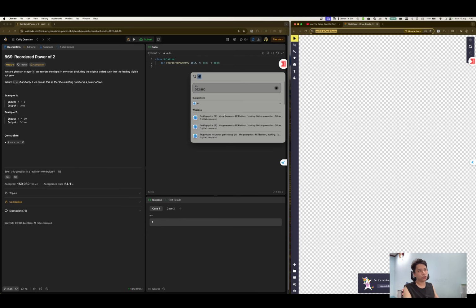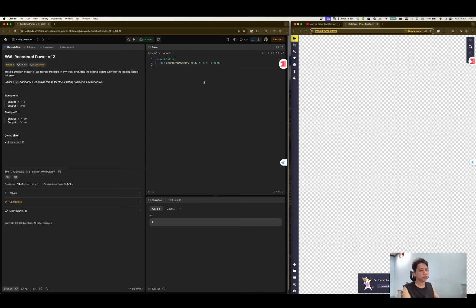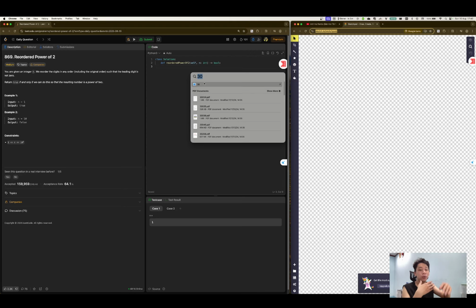And the second way, instead of generating the permutations, you can try the possible powers of 2. There are about 30 powers of 2 in the range that does not exceed its value, and we check if we could formulate that permutation based on counting.